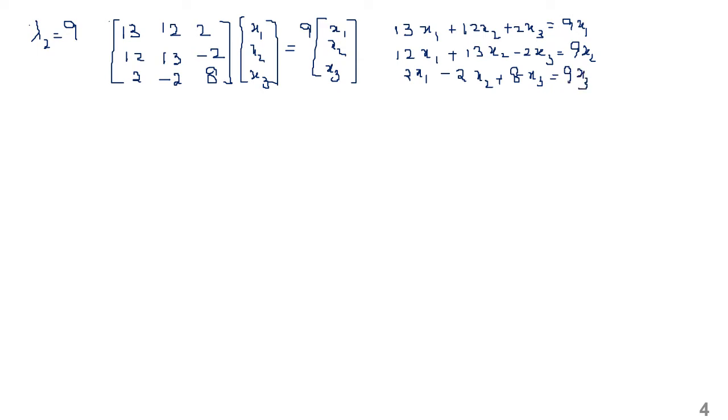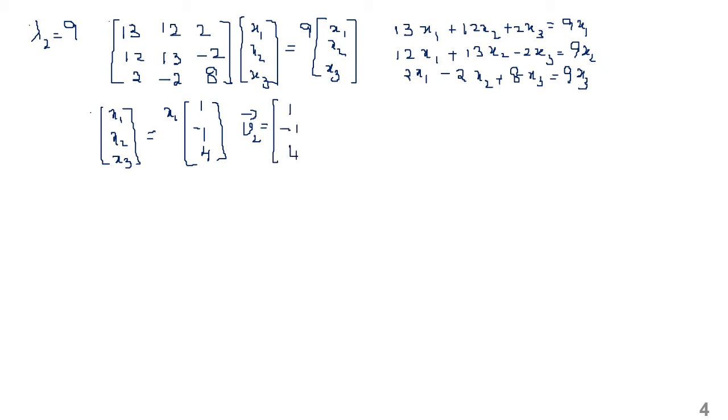When we simplify further, we get x1, x2, x3 is equal to x1 times 1, minus 1, 4. Therefore, V2 eigenvector is given by 1, minus 1, 4.